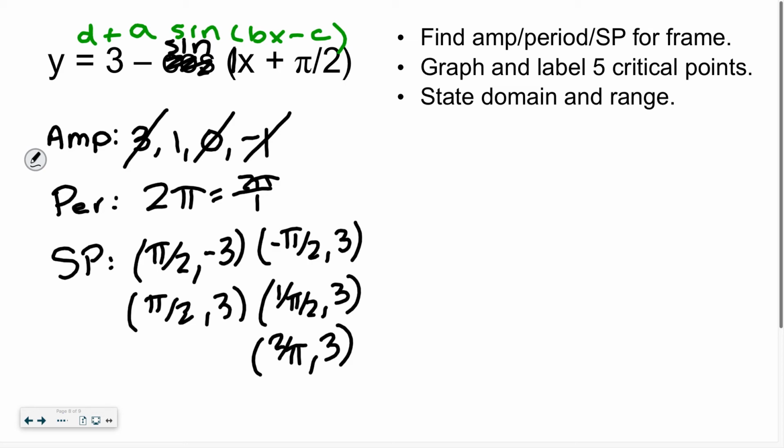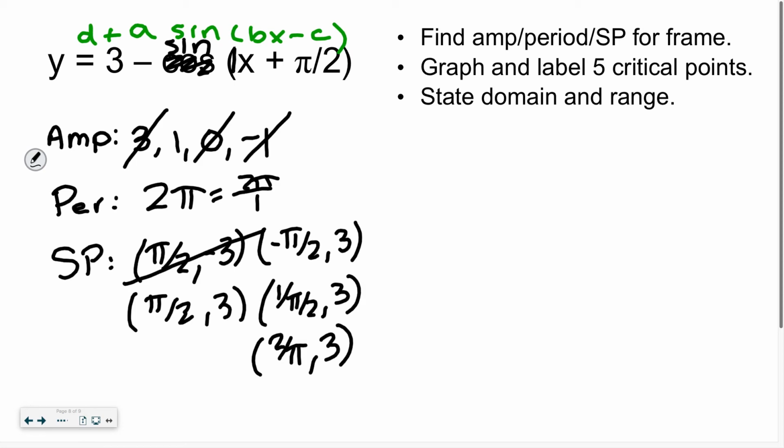What is D? 3, okay? Look at the front. It does have a minus in front of the sine, but that means that A is -1, and we dealt with the fact that it can't be negative, it has to be the absolute value. But this 3 is actually positive, isn't it? So D has to be up 3. I had quite a few people have a -3, but D is positive.